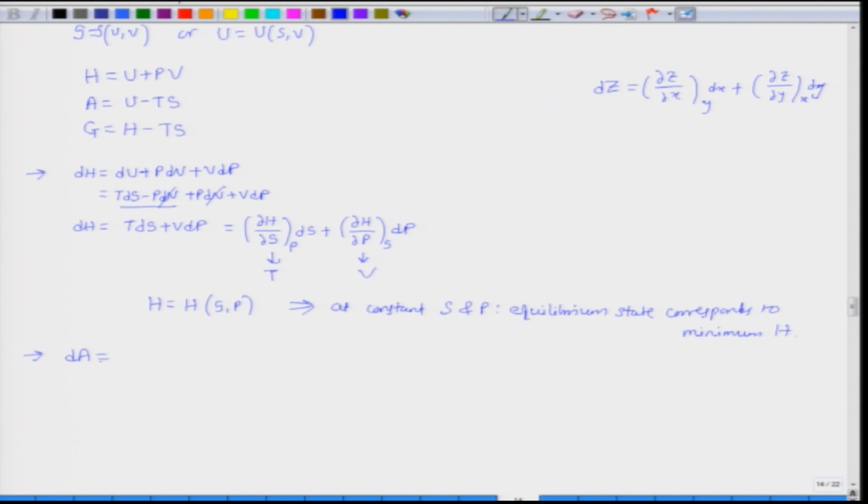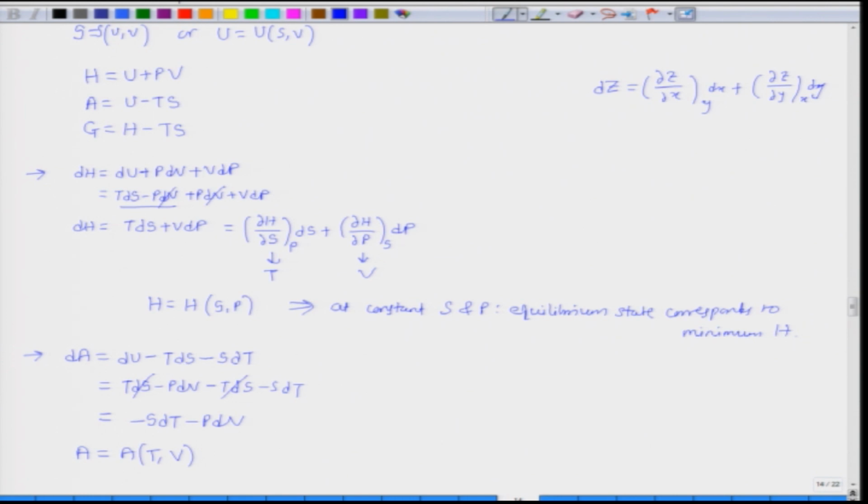So, if you take the differential of A, you have dU minus T dS minus S dT, substitute for dU, T dS minus P dV, T dS minus S dT is equal to, it cancels, minus S dT minus P dV, and so we know that A can be expressed as a function of T and V, and with this we can express the criteria of equilibrium.